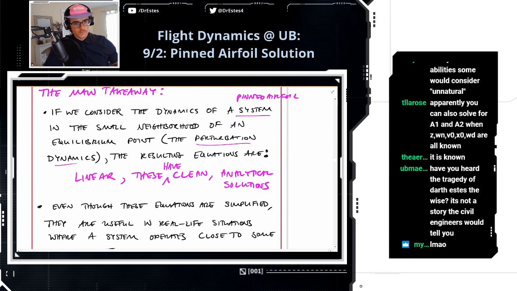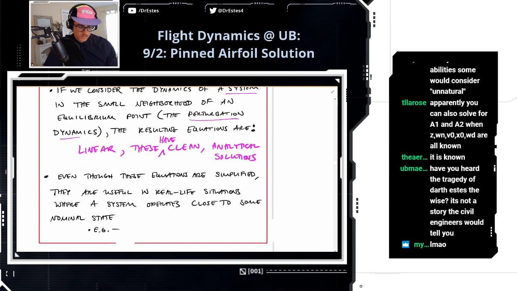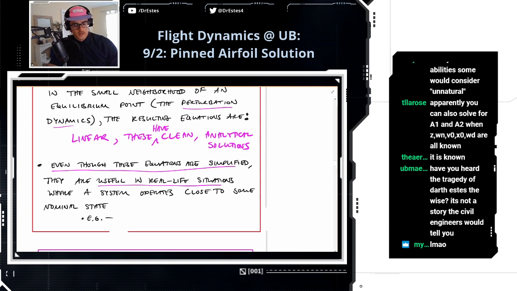All right, so even though these equations are simplified, I want to drive home that they're still useful in real life situations, even with aircraft dynamics. I mean, we're doing it for a reason. They're useful in real life situations where a system operates close to some nominal state.